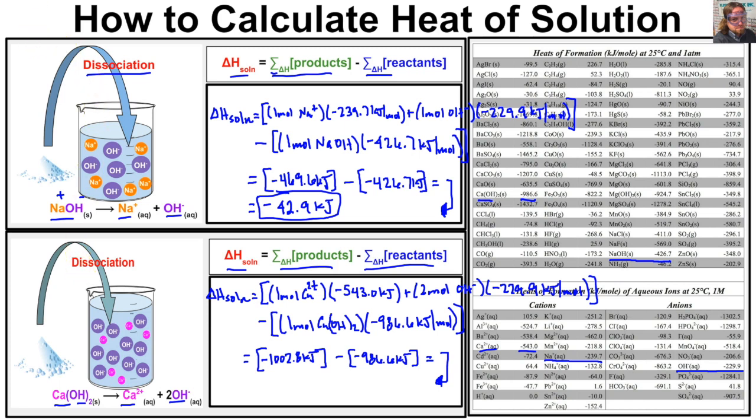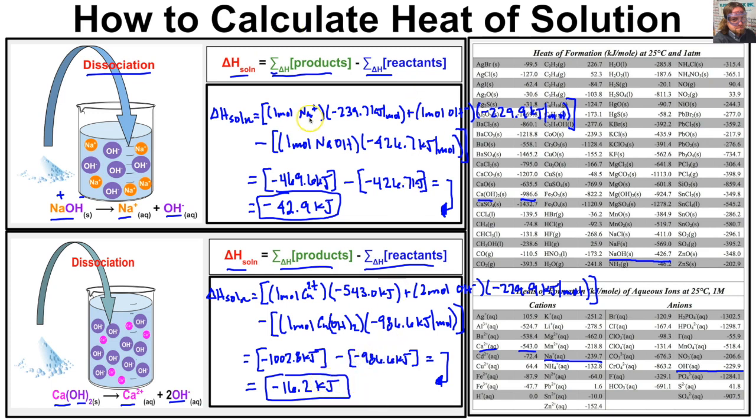And we're going to end up with negative 16.2 kilojoules. And so it looks like when we dissolve calcium hydroxide in water, it's going to produce these ions right here. And when this dissociates, it's going to release 16.2 kilojoules of energy.